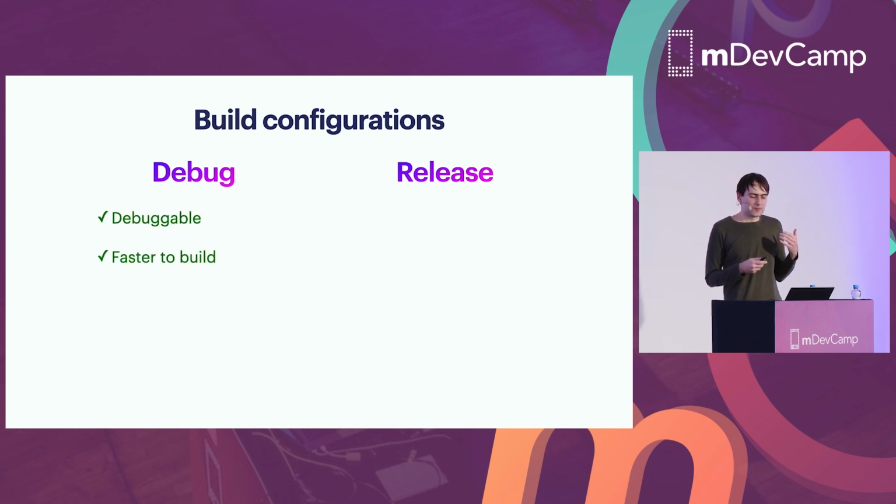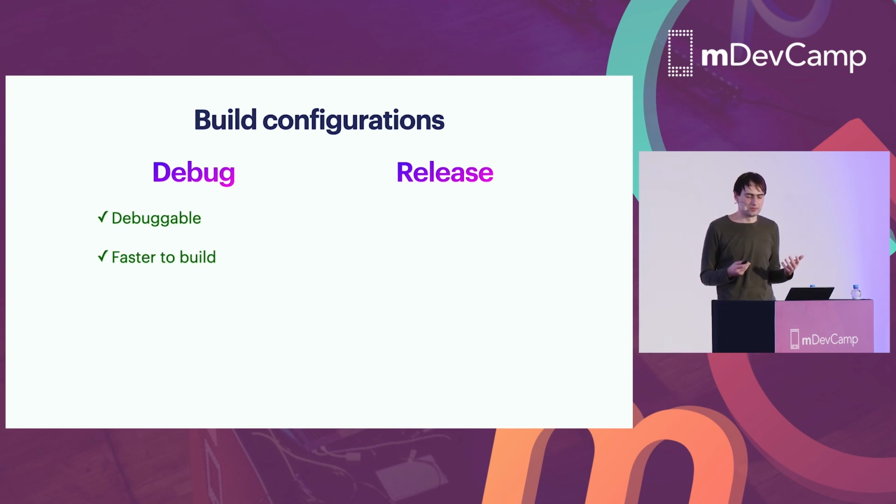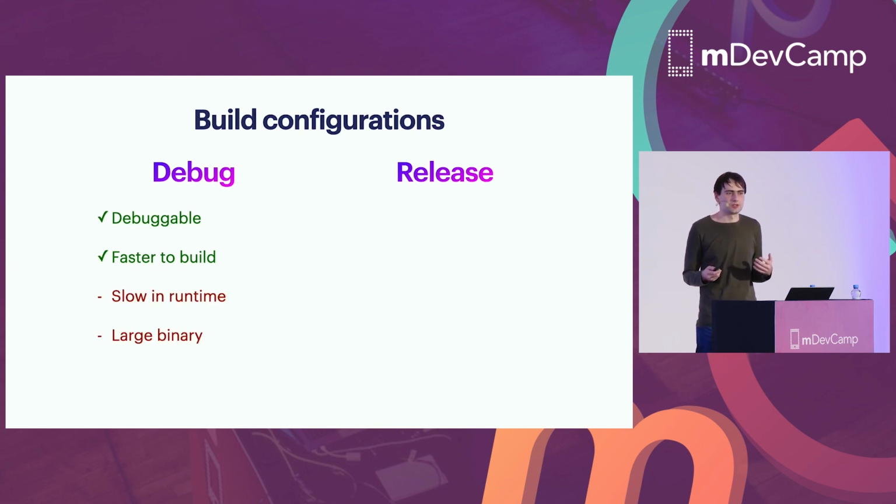Why do we have that? Well, the advantage of a debug build is that, as the name suggests, it's debuggable. And it's also faster to build because the compiler skips many important steps, like, for example, the optimizations. As a result, though, it's usually slow at runtime, which is why we can't ship this to customers, because they would complain that the app isn't running as expected.